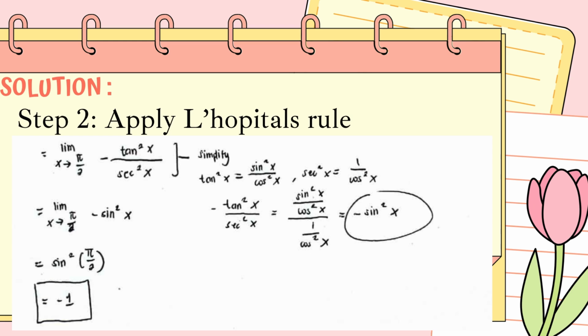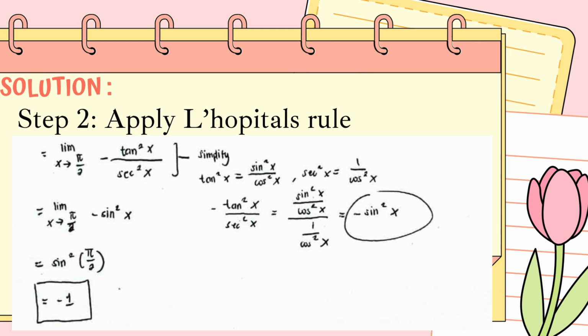Then we cancel out the cosine squared x from the numerator and the denominator, and we get negative sine squared x. So we have the limit of negative sine squared x, where x approaches pi over 2.